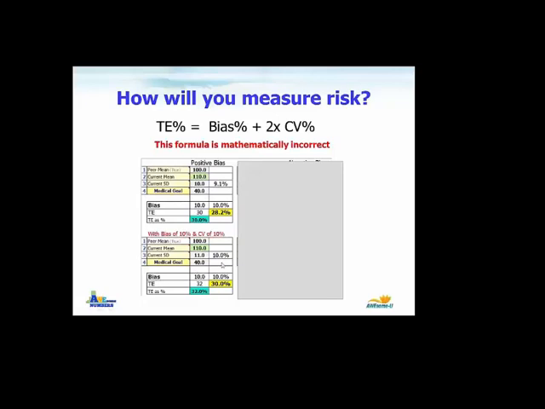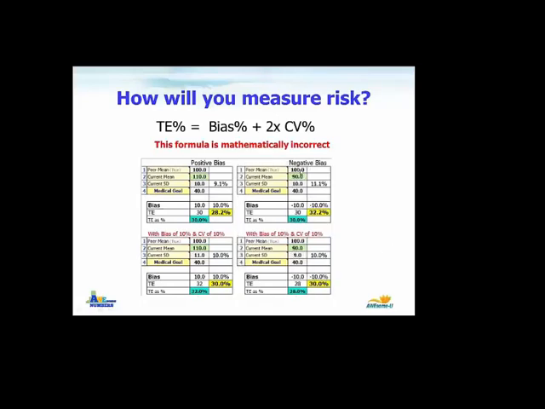And if this method really did have a CV of 10% and a bias of 10%, then it would have a total error of 32%, not 30. If the bias is low, the opposite happens. You're going to estimate the total error at 30% when it's actually 32, or you'll estimate it at 28% when it's actually 30.